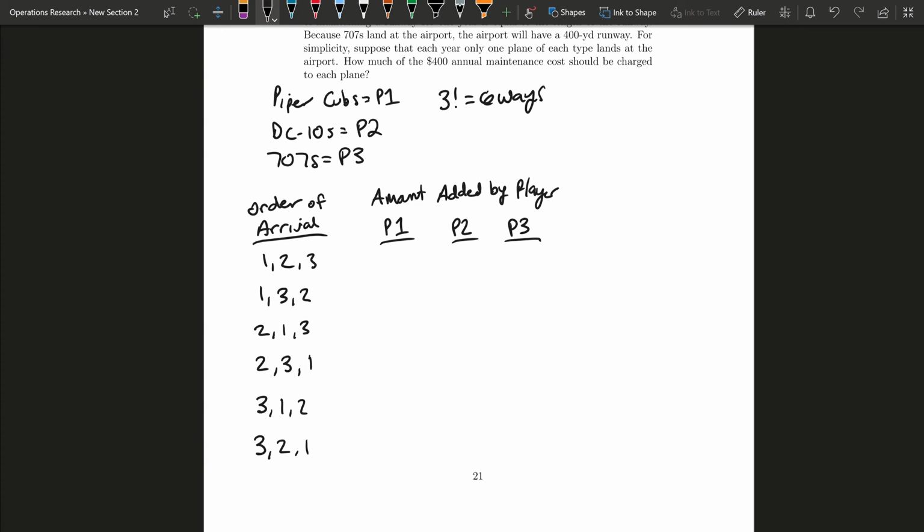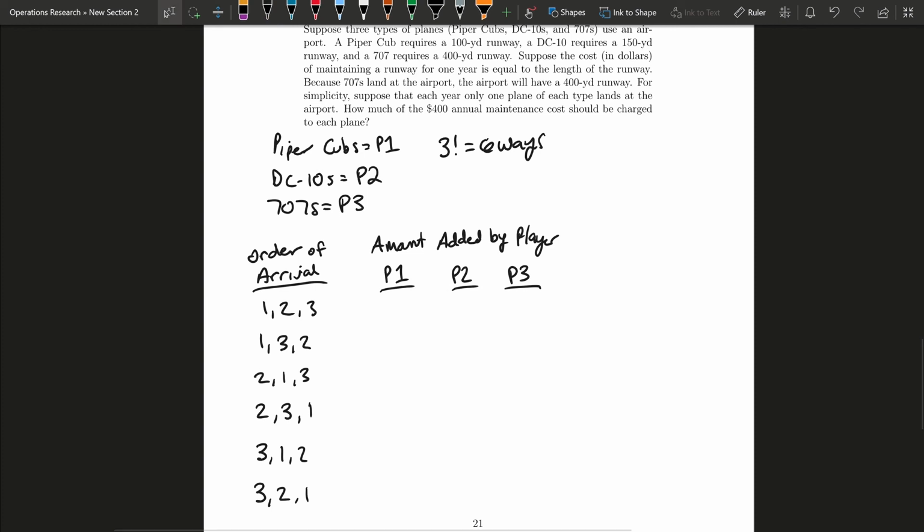So in the first case here, we have player 1 arriving first, which is the Piper Cub, and they require a 100-yard runway. Since the cost of maintaining the runway is equal to the length of the runway, at this point the Piper Cub owes $100, because that's all they need for that type of plane.